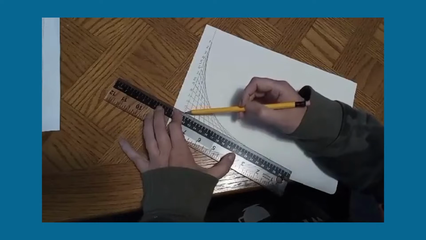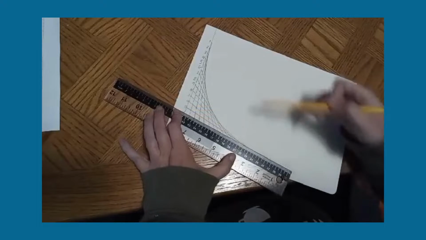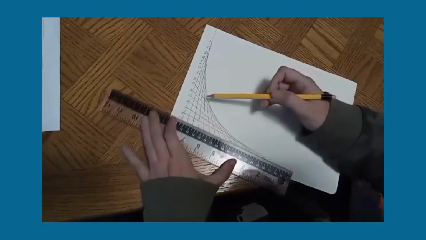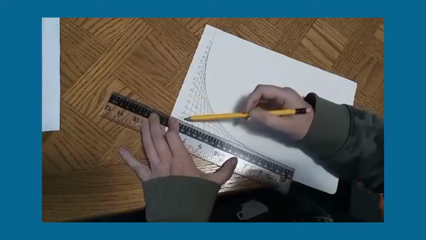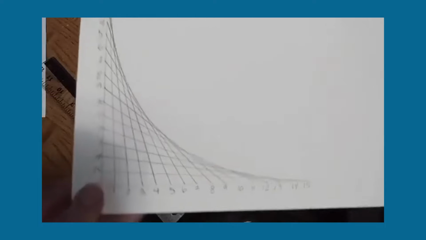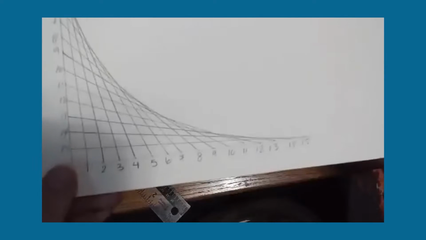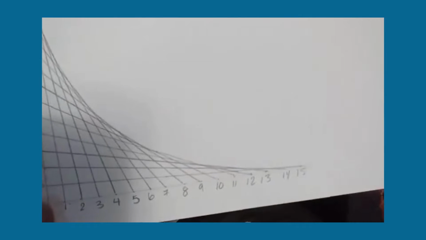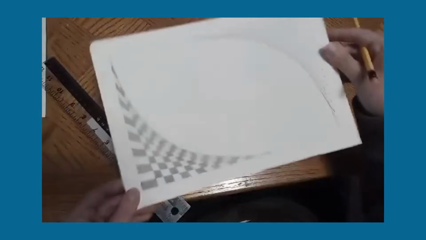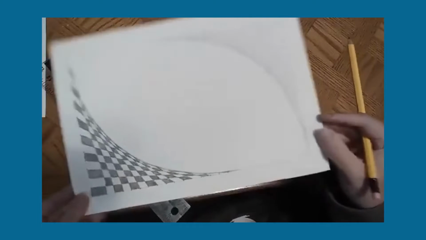You could try starting with a smaller amount of numbers, like say go 1 to 5 and 5 to 1, and see if that works. There, you can see I made a curve using straight lines.